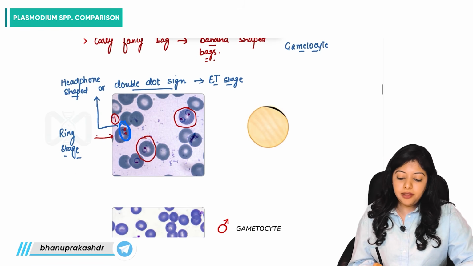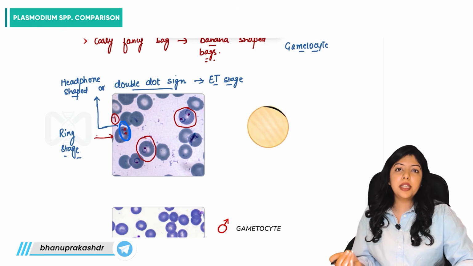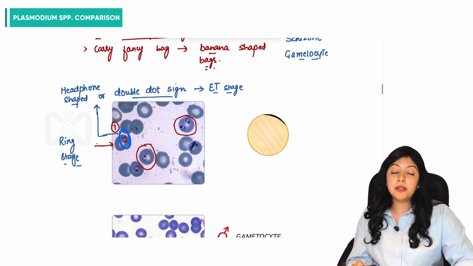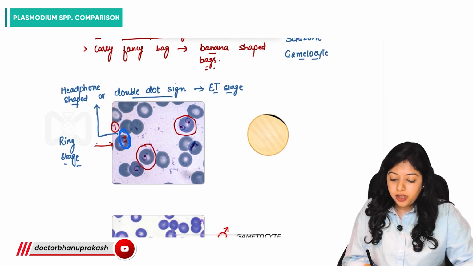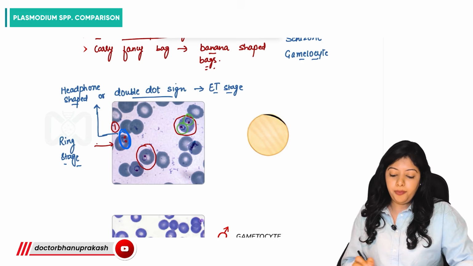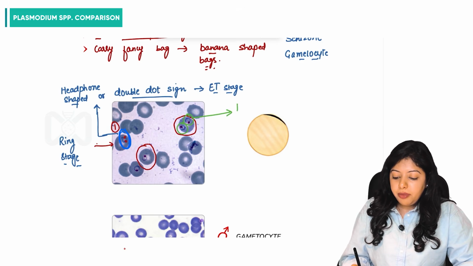So can we find multiple rings in a single RBC? Yes, we can find multiple rings in a single RBC in Plasmodium falciparum species. So can we appreciate this? These two rings, there can be two, there can be more, right?